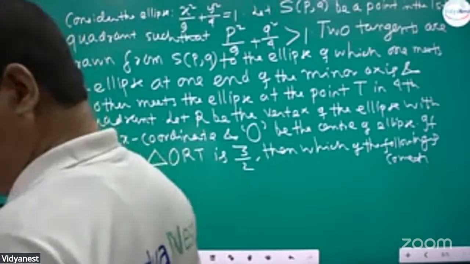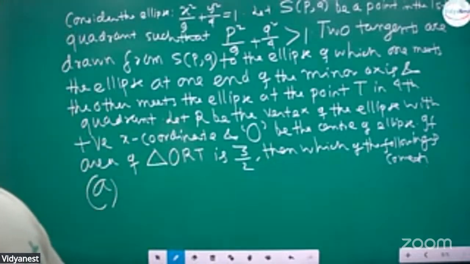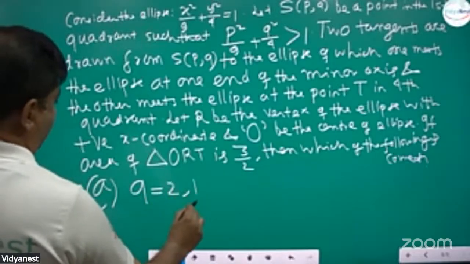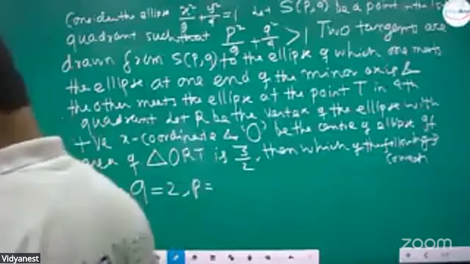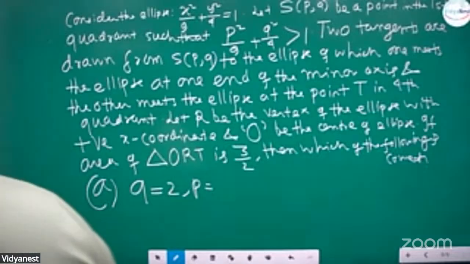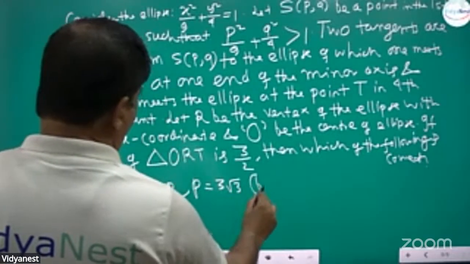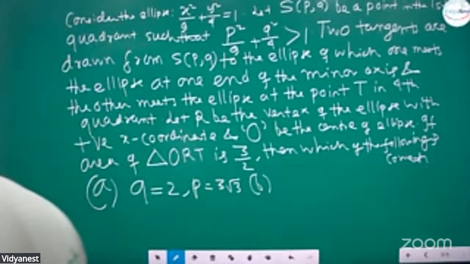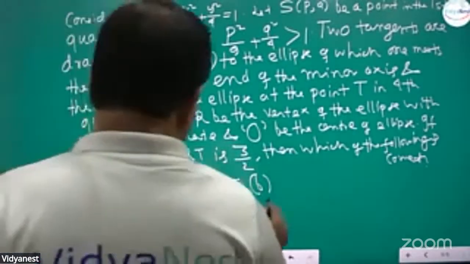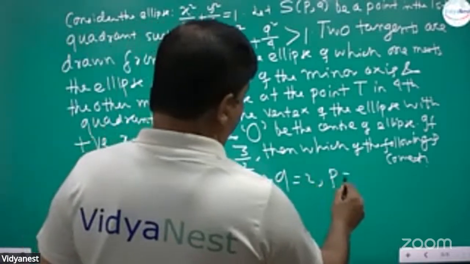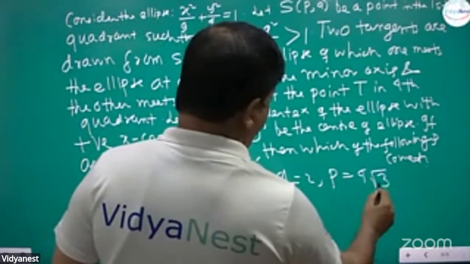Option A, Q2 P 3 root 3. Option B, Q2 P 4 root 3.